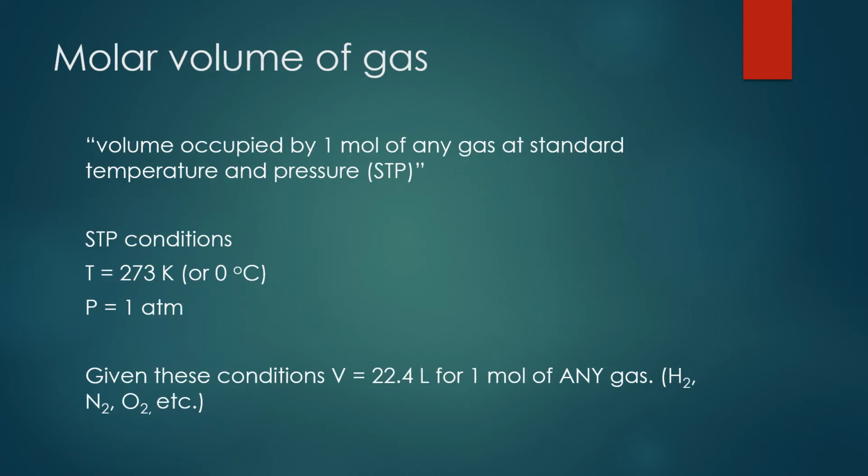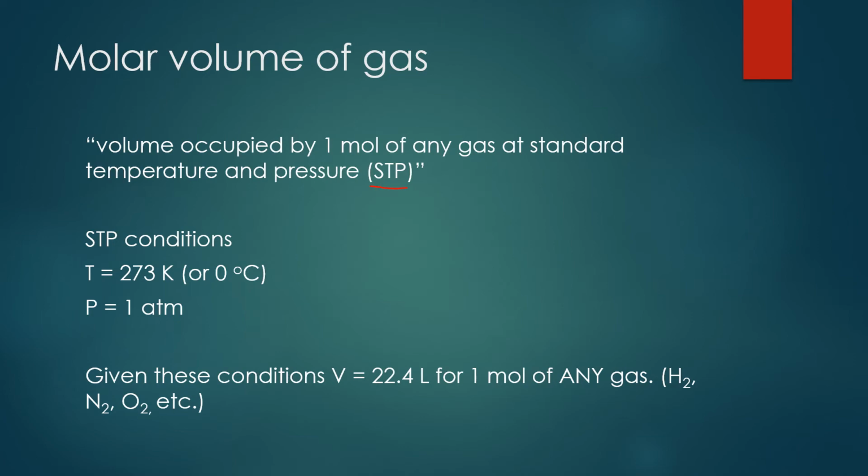Molar volume of a gas. What is molar volume? It's the volume occupied by 1 mole of gas at standard temperature and pressure. Recognize this STP. What's STP? Standard temperature and pressure. Some of the problems you're going to be solving will simply say at STP conditions.